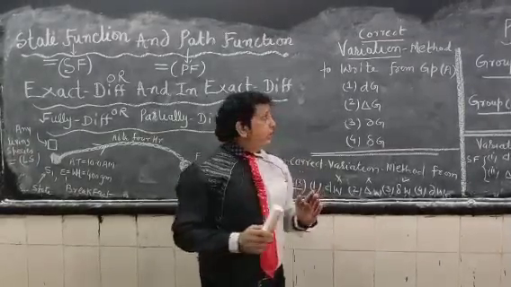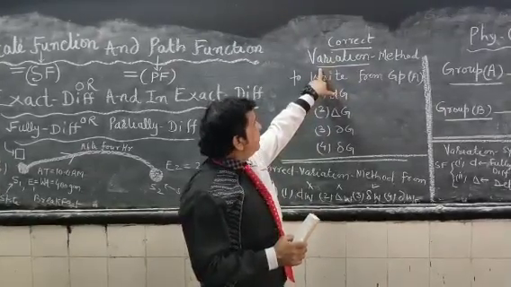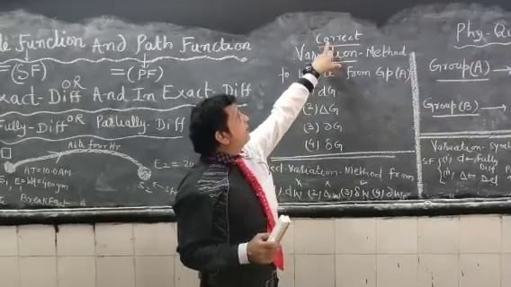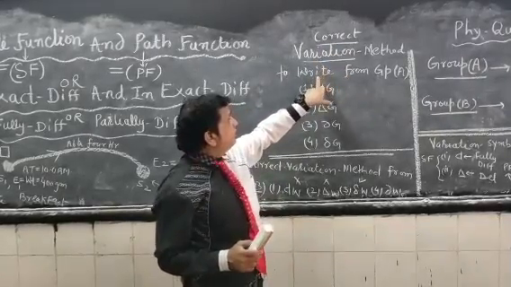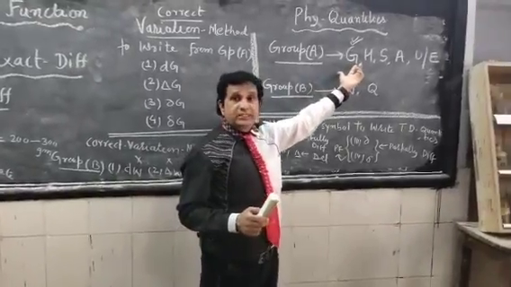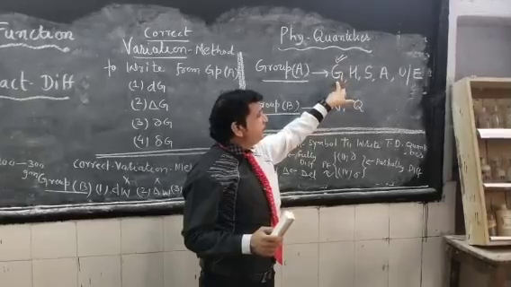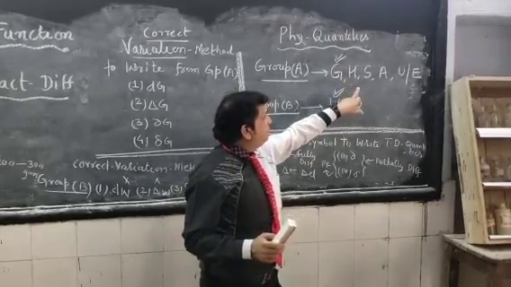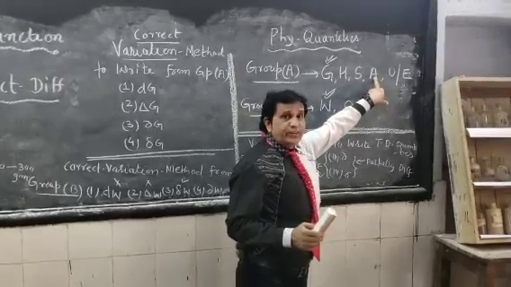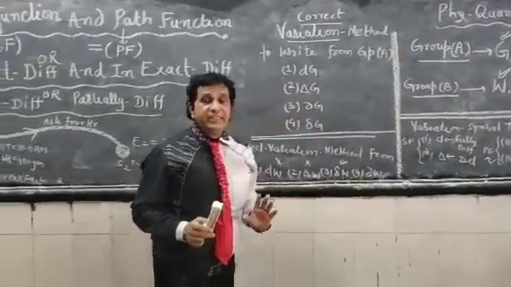My question once again: what would be the correct variation method, the right changing method to write for group A? For these questions, the various thermodynamic quantities I have mentioned are G Gibbs free energy, H enthalpy, S entropy, A Helmholtz free energy, and U or E internal energy.